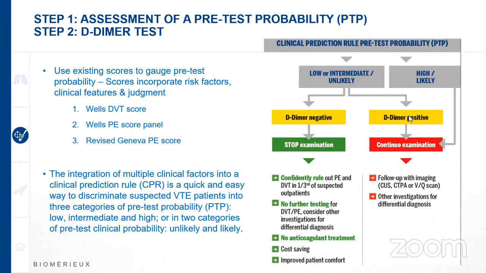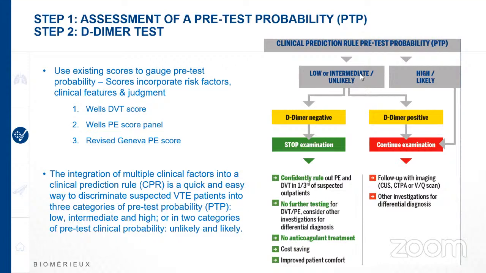But in practice, many people will still do the D-dimer because they want to have something also as additional evidence. Now, if it's highly likely, you continue the examination and follow up with imaging. At this point, you must do the ultrasound, the CTPA, and the VQ scan, as well as other investigations for differential diagnosis before you treat for venous thromboembolism, all right?